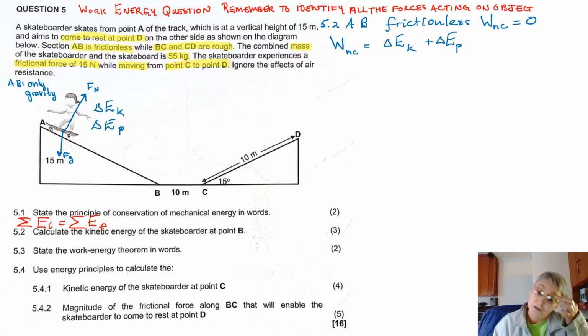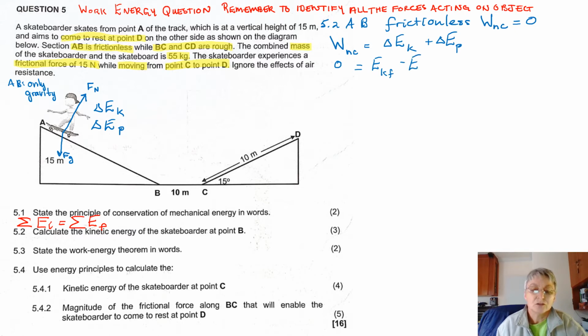So we go for W_NC equals the change in the kinetic energy plus the change in the potential energy. Now you might find the memo tackling it from a different point of view, but I believe in working from basic principles so that we won't be guessing what to do. So the non-conservative work done is zero. The change in kinetic energy is the final kinetic energy minus the initial kinetic energy.